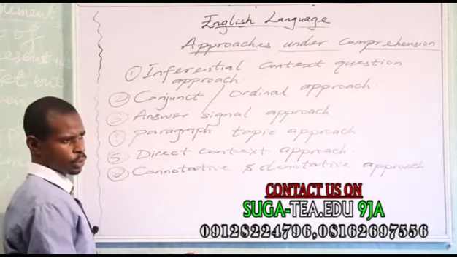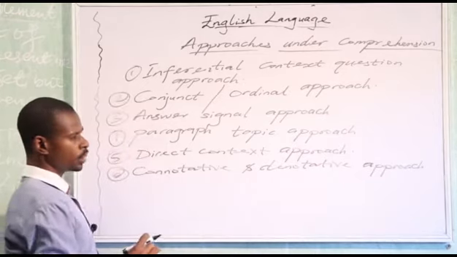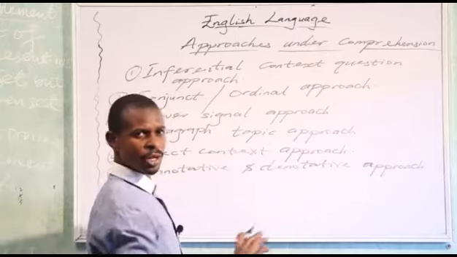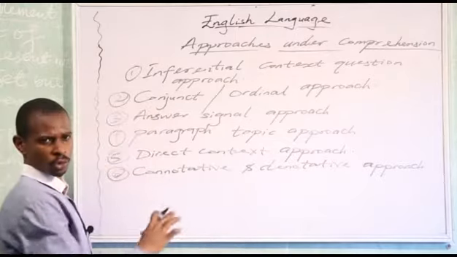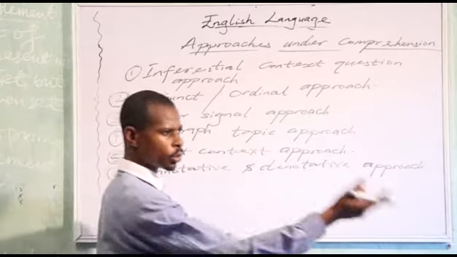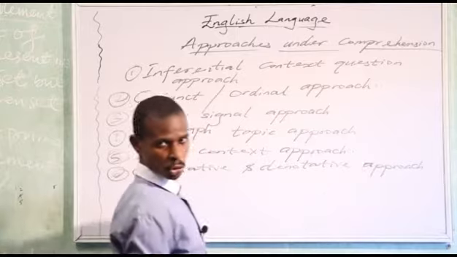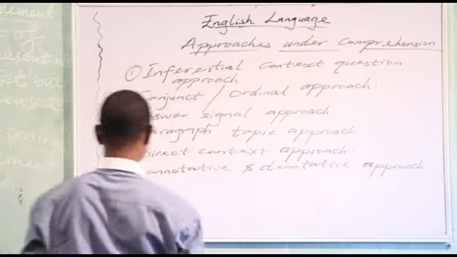They may ask you for another meaning for a particular word. Then denotative, that is the real meaning. Denotative means real meaning, while connotative means another word. So they may ask you to look for another word in replacement of a certain word given to you. That is under the connotative and denotative approach.